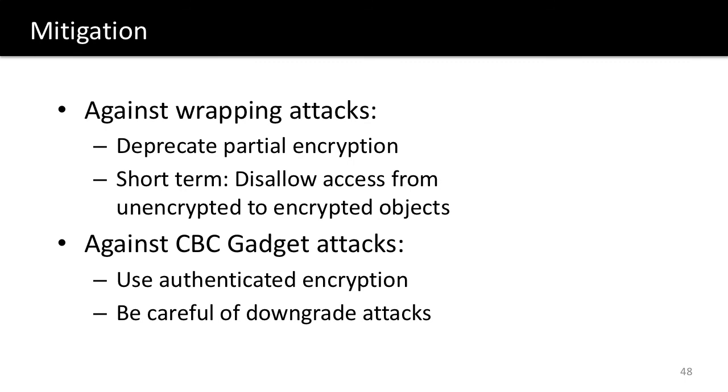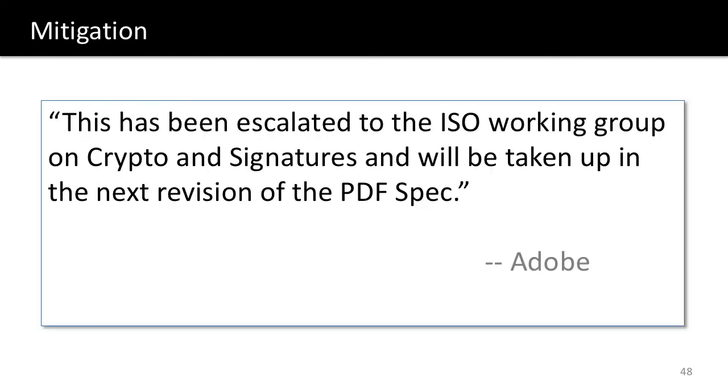And to counter CBC Malleability Gadget Attacks, we could move from non-integrity protected CBC mode to some kind of authenticated encryption scheme, but also be careful here to prevent downgrade attacks. This is something for newer versions of the standard, and actually this will be escalated to the ISO working group on crypto and signatures and will be taken up in the next revision of the PDF specification, is the answer that we got by Adobe.